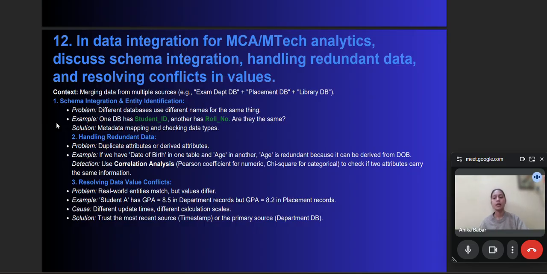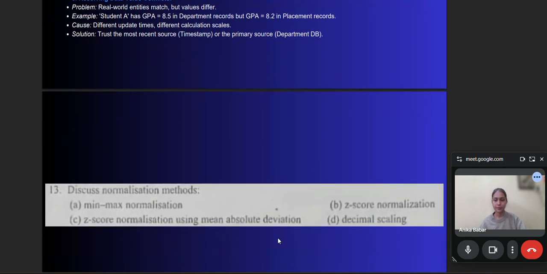Second we have handling redundant data, and third we have resolving data value conflicts. Each of these identifications and schemas has a problem, example, and solution. You can go through it.